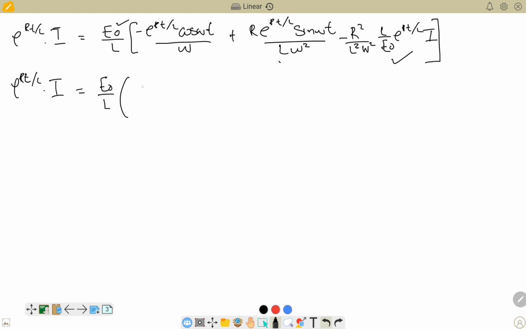So it's going to be r square L e to the power rt over L times I, then over L square w square e naught. And then because it's with a negative, let's just take it to the left hand side once.